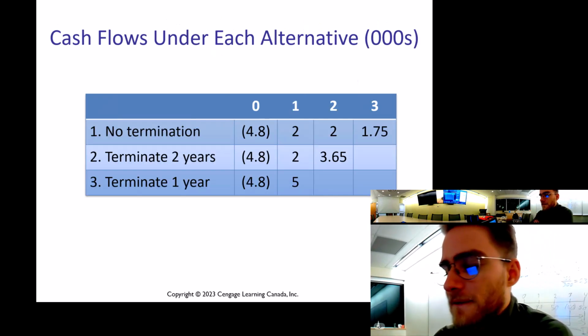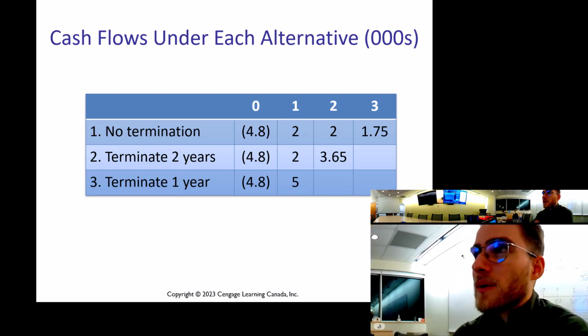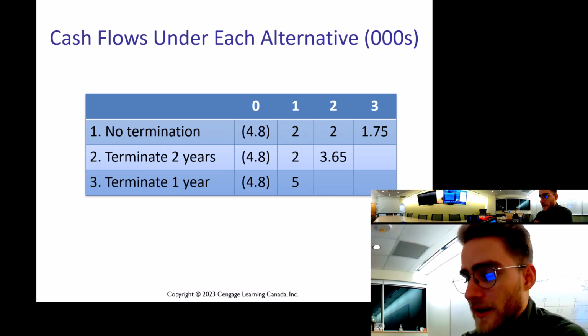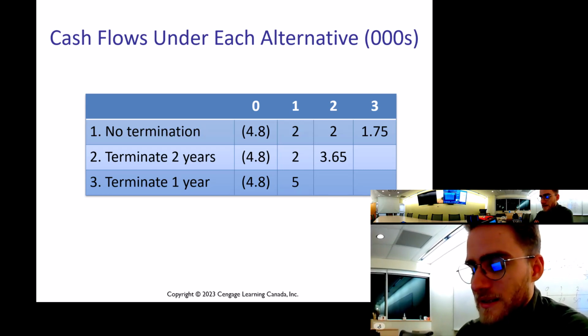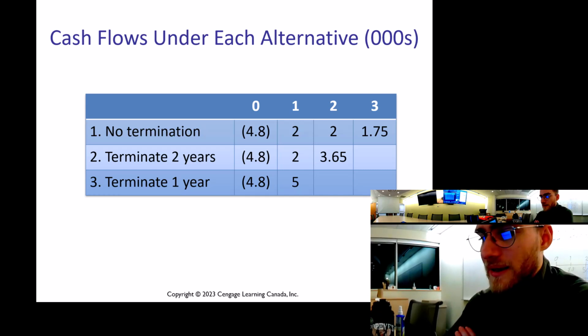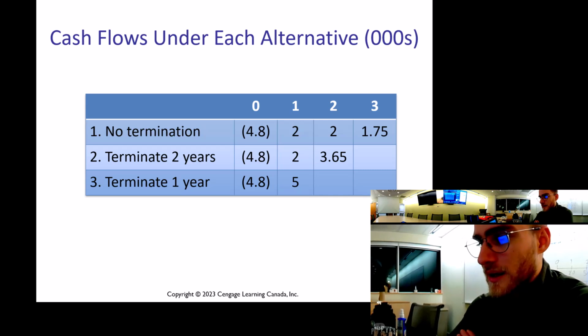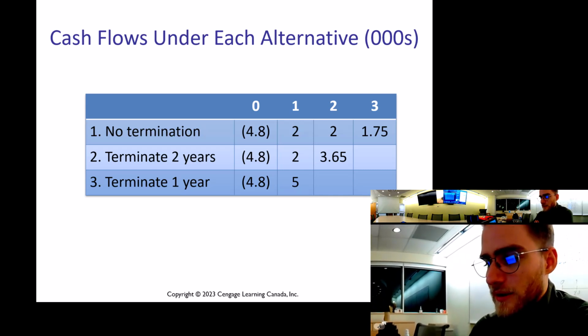So if I don't terminate the project, and I run the equipment down until it's basically worth nothing, this is what my cash flow would look like: 4,800 outgoing, and then 2,000 inflow in year 1, 2,000 inflow in year 2, and then 1,750 inflow in year 3.